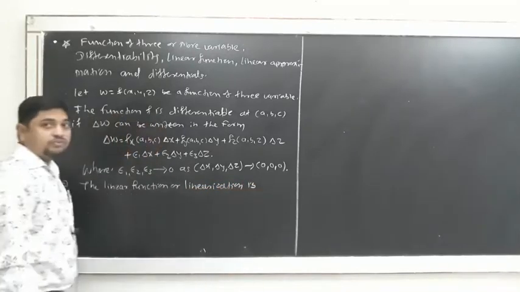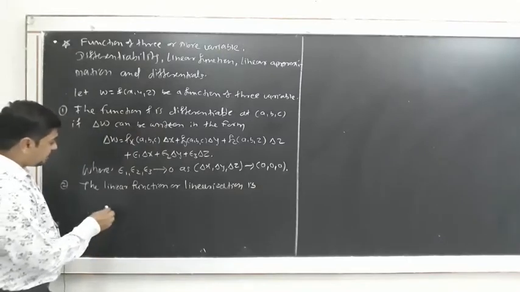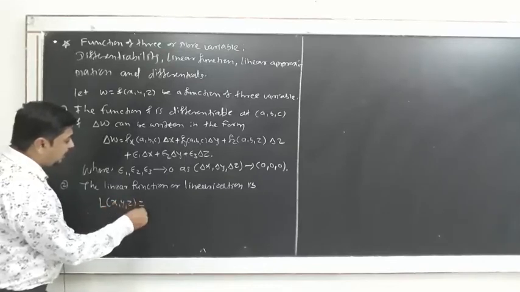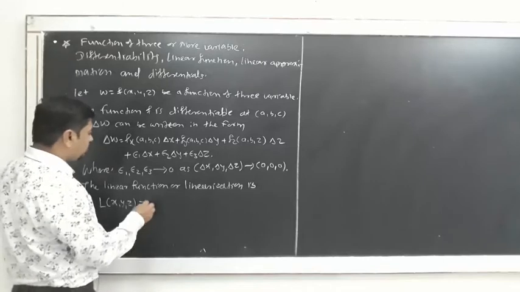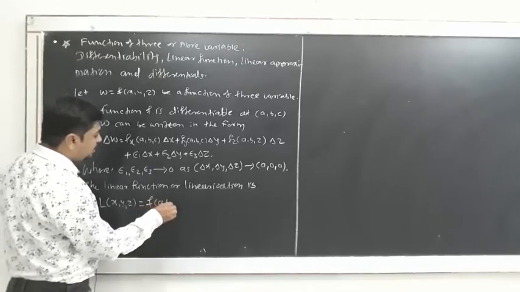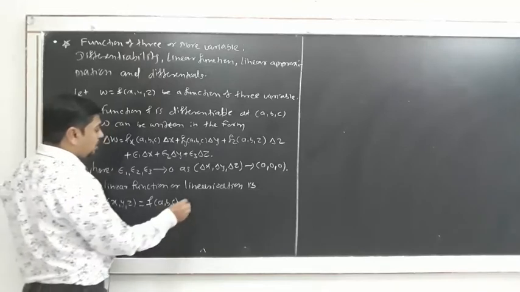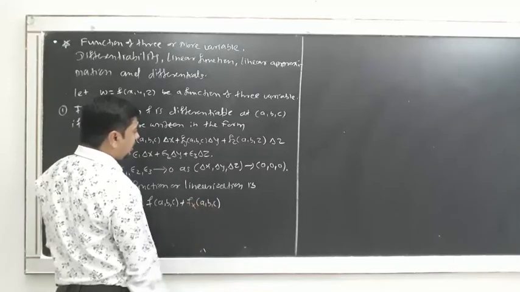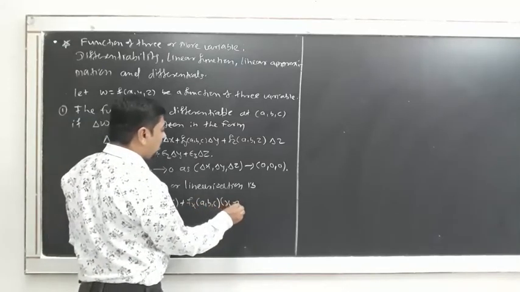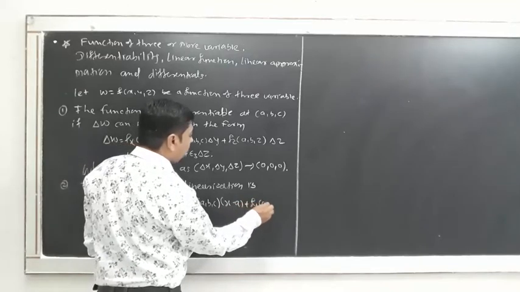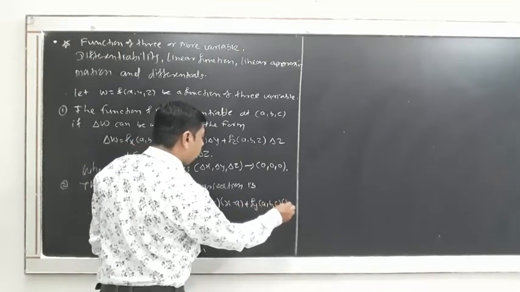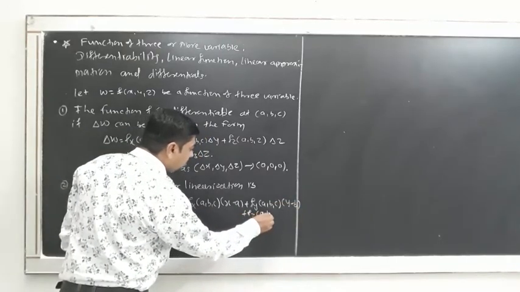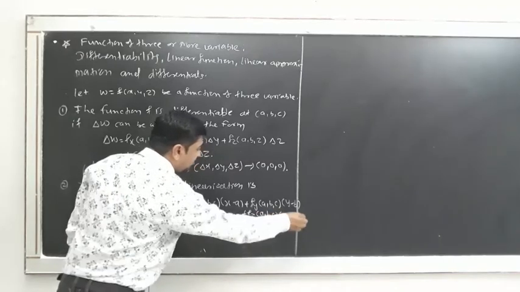The linear function is denoted by L of x, y, z, and it is equal to f of a, b, c plus fx at the point (a, b, c) times x minus a, plus fy at (a, b, c) times y minus b, plus fz at (a, b, c) times z minus c.